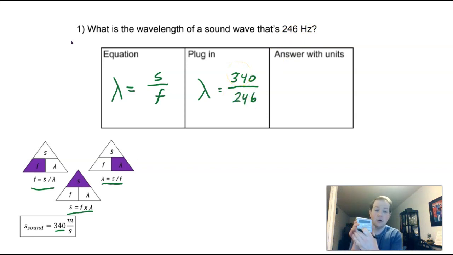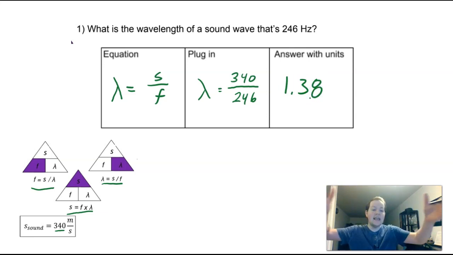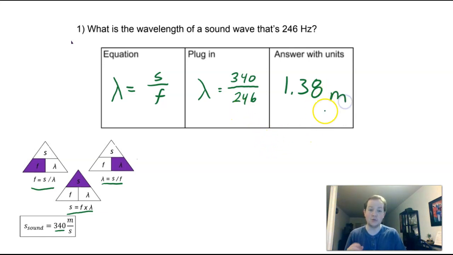So in my calculator, I want to do 340 divided by 246, and I get about 1.38. And how did we measure wavelength? Distance. That's meters. Meters with an M. That is question 1.